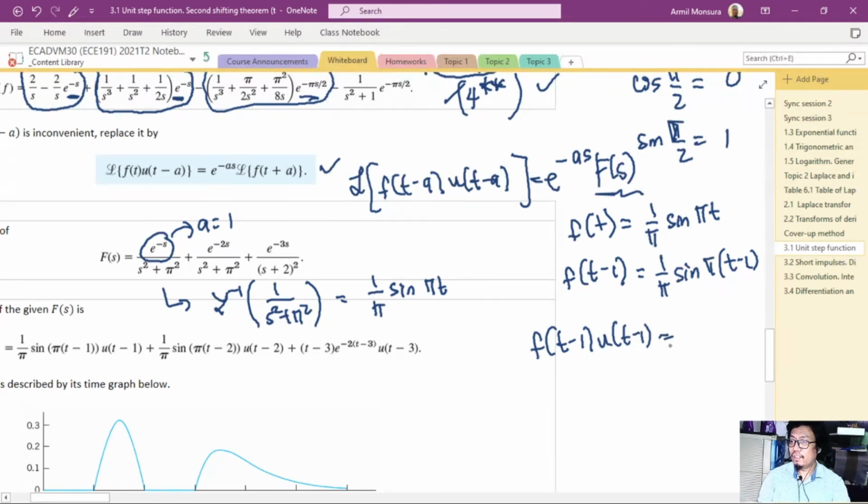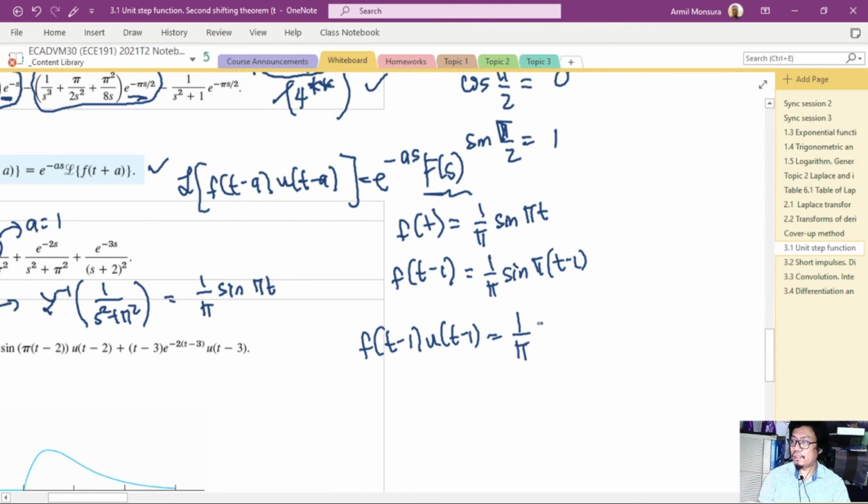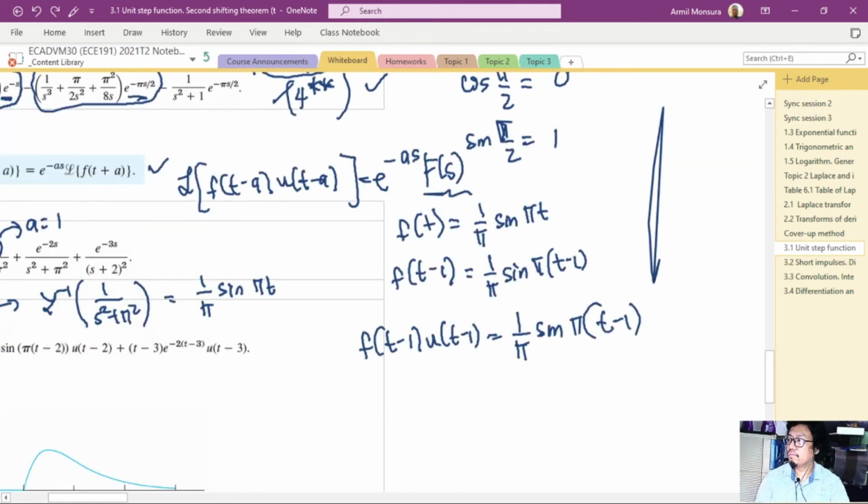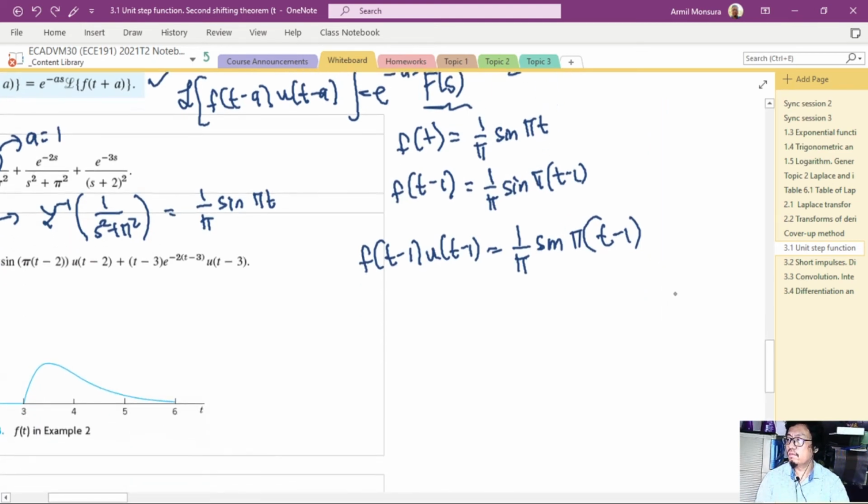So this becomes simply 1 over pi times sine of pi times t minus 1, times u of t minus 1.